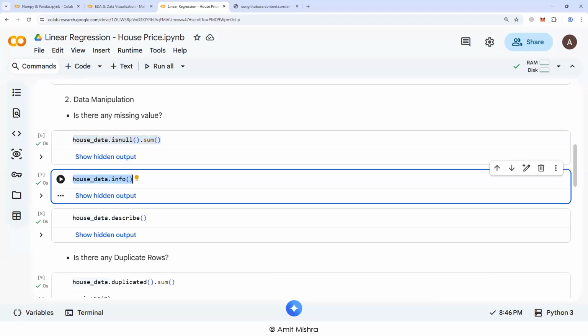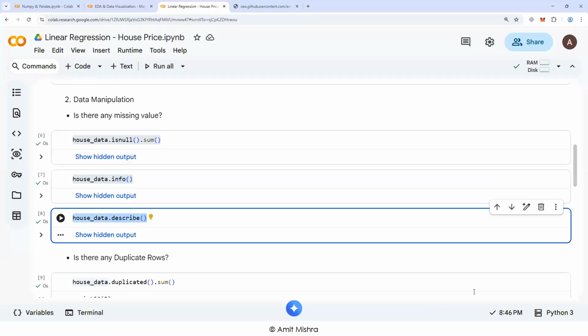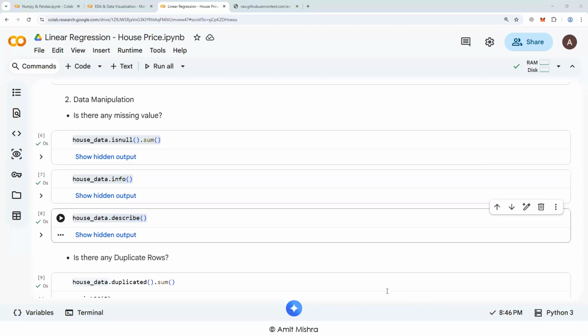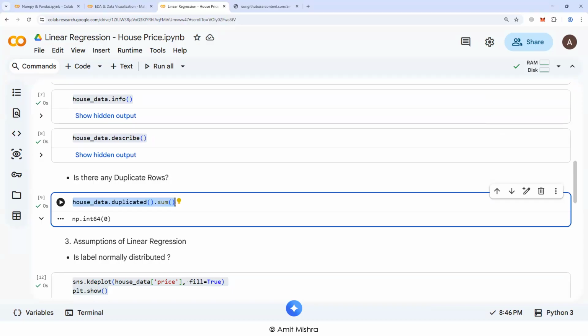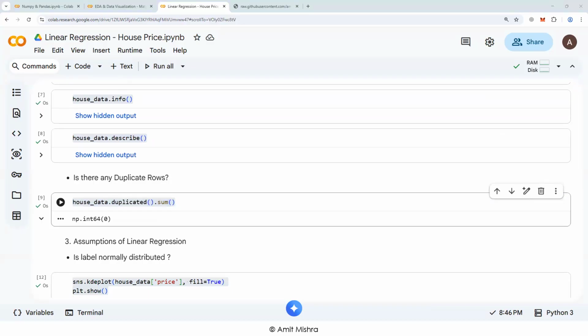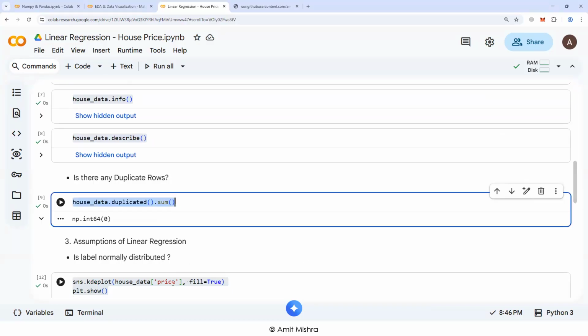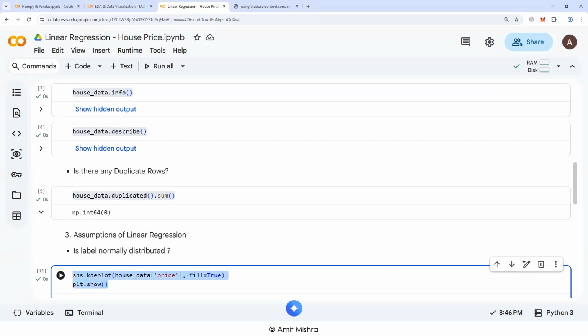Further, we can see the info part. Further, we have the describe part, and we check for the duplicated rows. Let's go ahead with my KDE plot.